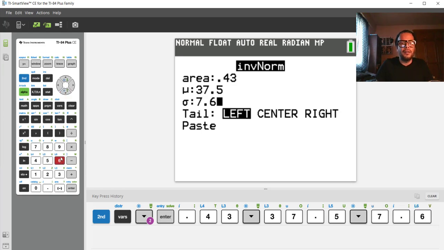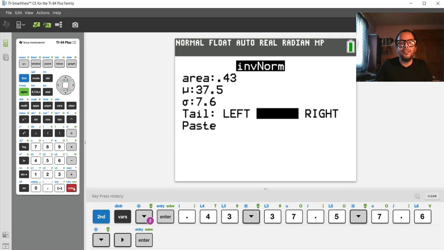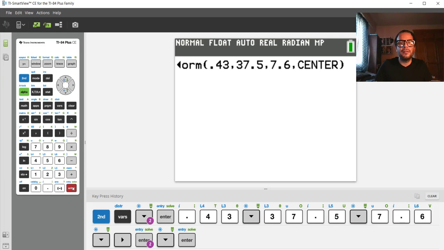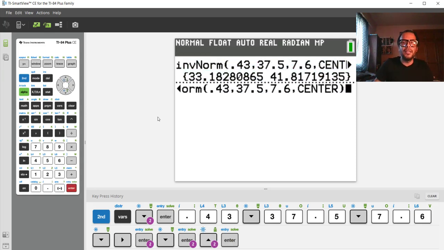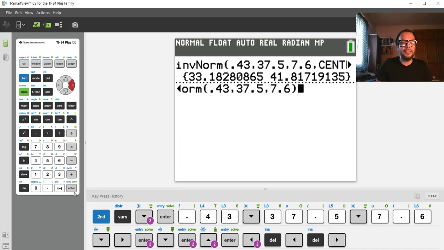Okay. All right, the tail, I'm not sure what it is. Okay, let me just call it center. Just see what happens. Hopefully it matches my result. Then center, enter, and paste. Okay, let's see, what do I get? Okay, no, it doesn't seem like I got something. Okay, let me do this again, and this is what I'm going to do. I'm going to delete the word center, delete the comma, and let's see what we get.